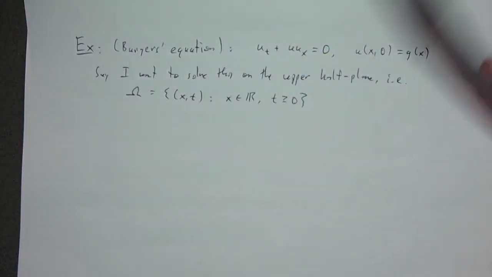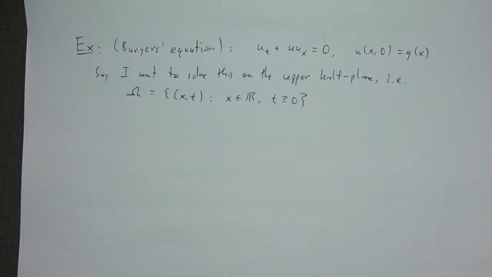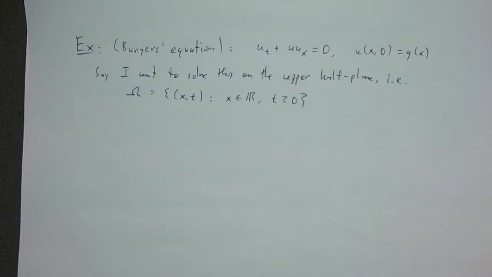Our data is given on the boundary of this, that is, it's given on this t equals 0 axis. Of course, this is definitely quasi-linear. Let's just check to make sure.